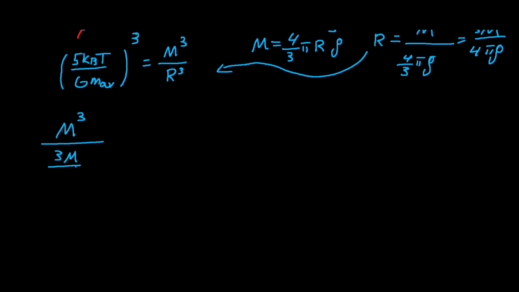So we have 3M over 4 pi rho equals 5 k_B T over G m to the third. This M cancels with this M and reduces its power.